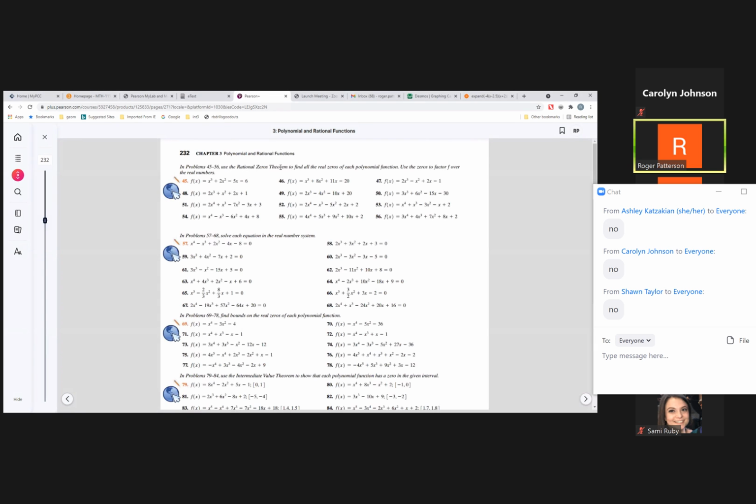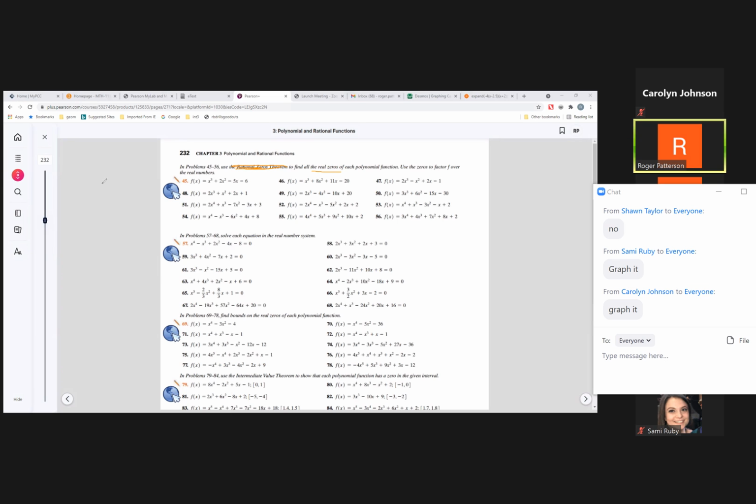Use the rational zeros theorem to find all the real zeros. We skip that. We don't even care about the rational zeros theorem. It's outdated. We're going to find all the real zeros. How would we find the real zeros of this? What would we do? Yep, you're going to graph it.